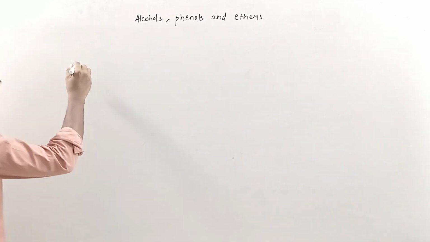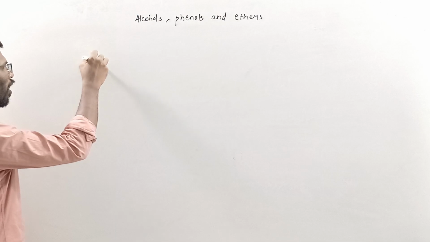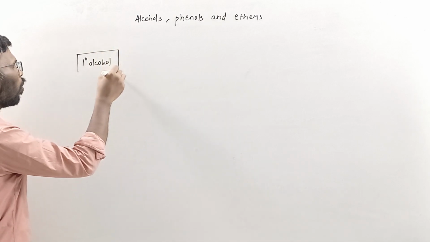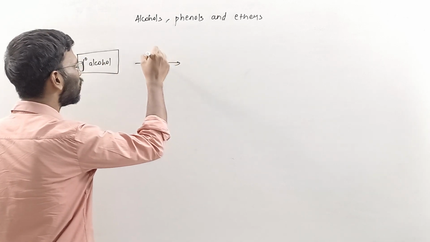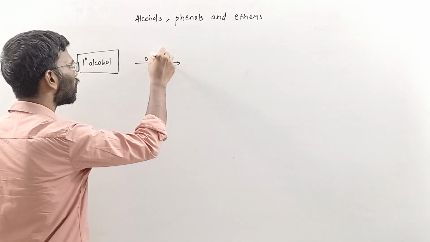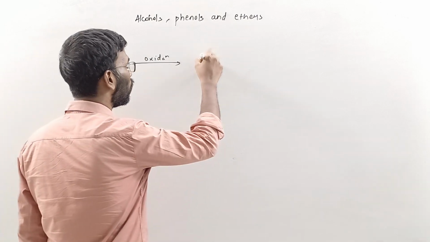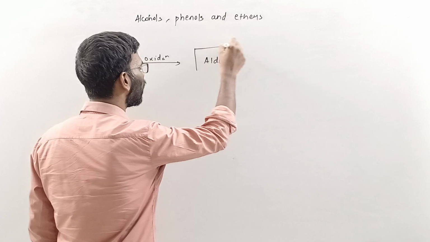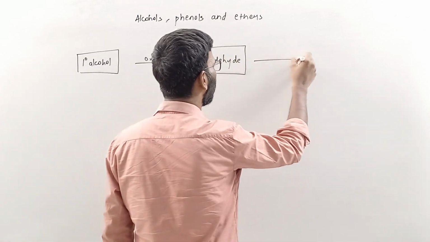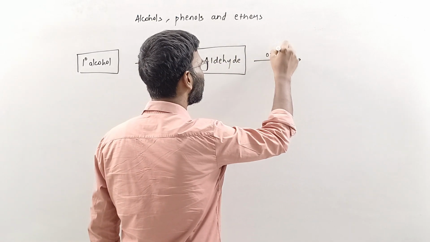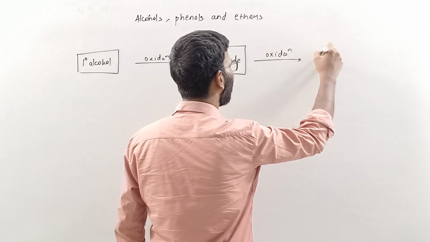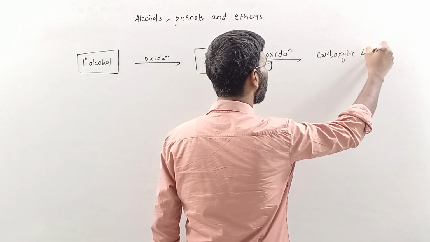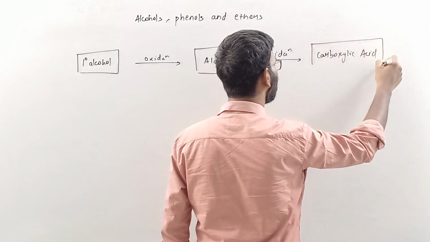I'll write it over here. This is a primary alcohol. If you do the oxidation of the primary alcohol, you get an aldehyde. And if you do the oxidation of an aldehyde, you get a carboxylic acid.